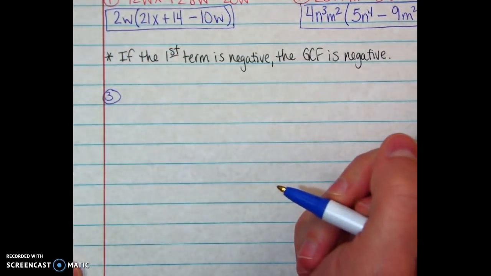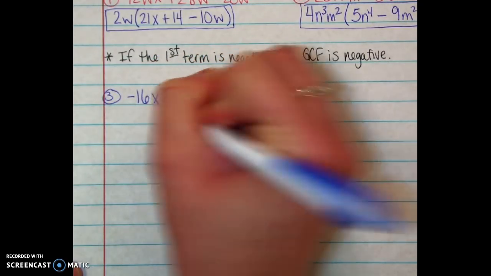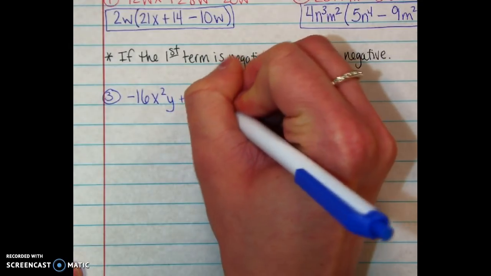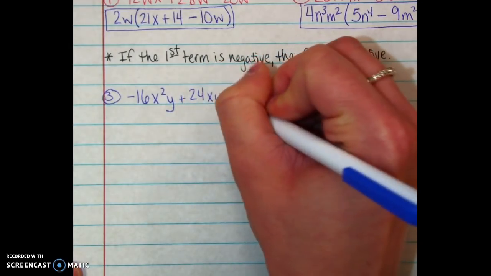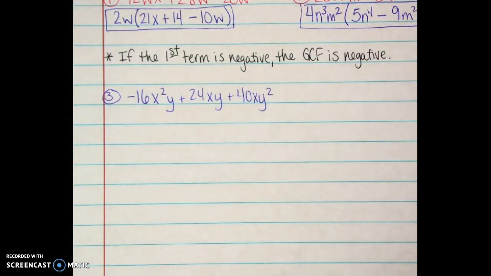So number 3, negative 16x squared y plus 24xy plus 40xy squared. Okay, so the GCF here, if you're not sure, you can do a factor tree.